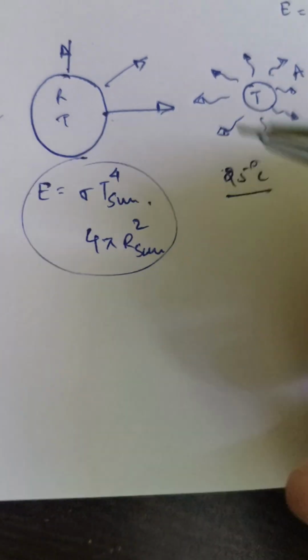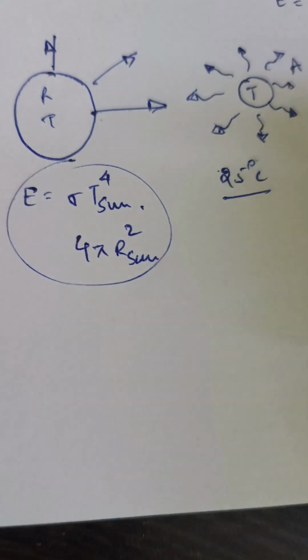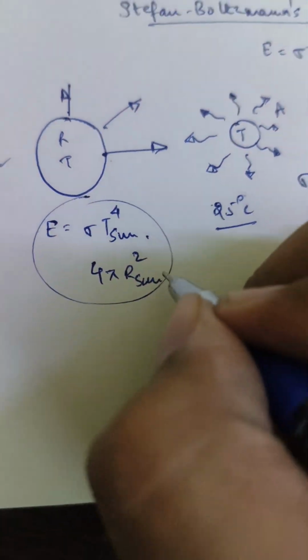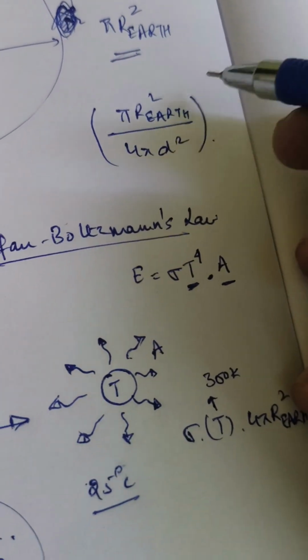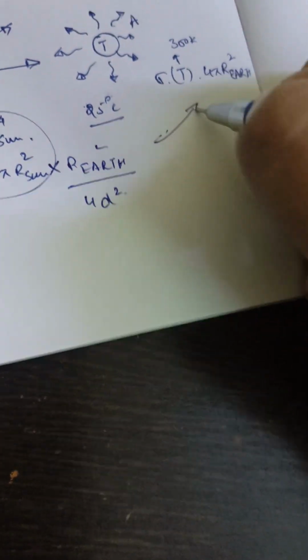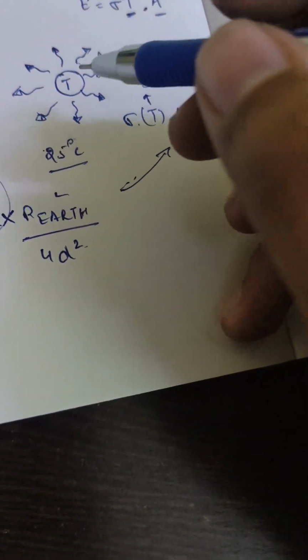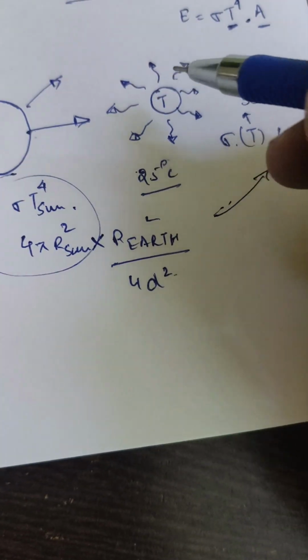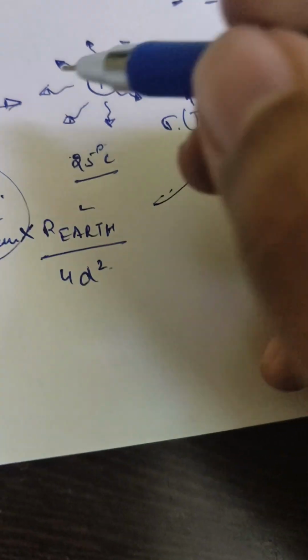So this is the total energy that the sun is giving out. Actually it's not energy, it's power, but let's just say it's energy, multiplied by this factor here. The pi's cancel out, so it's r Earth squared divided by 4 d squared. Now at equilibrium, the portion of the sun's energy that the Earth receives is going to be exactly equal to what the Earth itself is giving out.